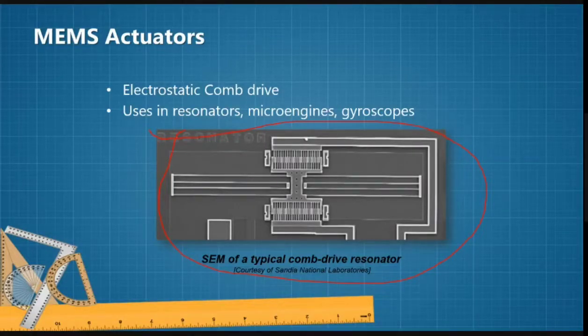But this is still a kind of actuator used in an IC or integrated circuit. And this image is an example of a MEMS electrostatic drive resonator, which is a common MEMS actuator.